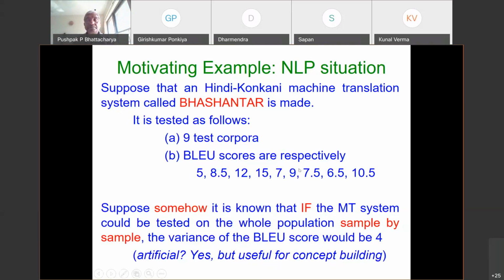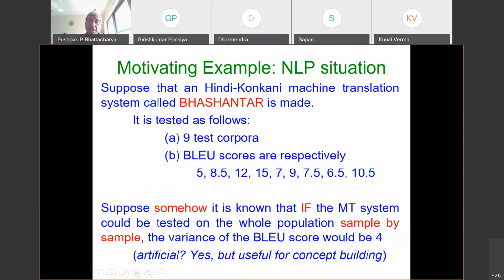And these BLEU scores are reasonable. They are near 10, and therefore there is some hope for this particular machine translation system, Bhattacharyya, doing translation between Hindi and Konkani.